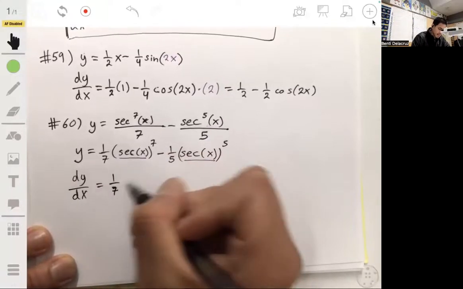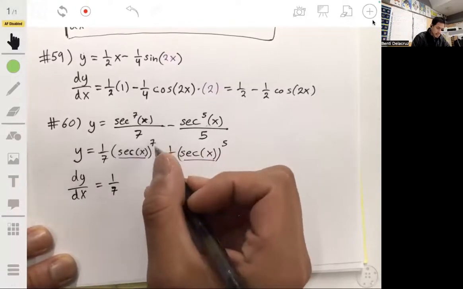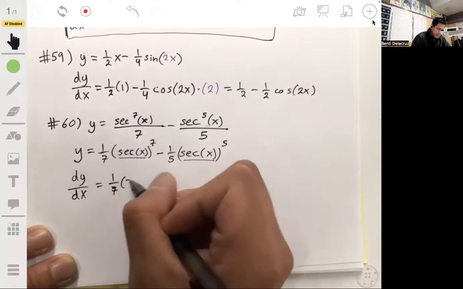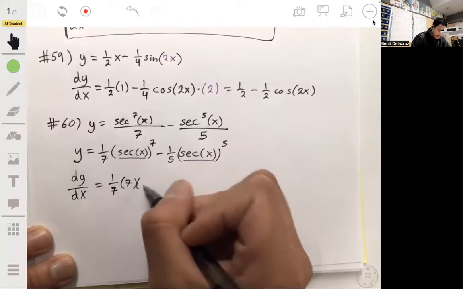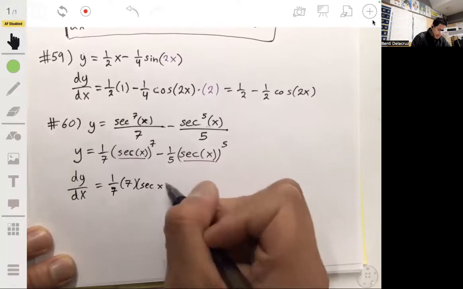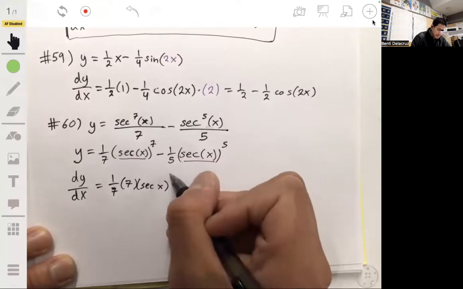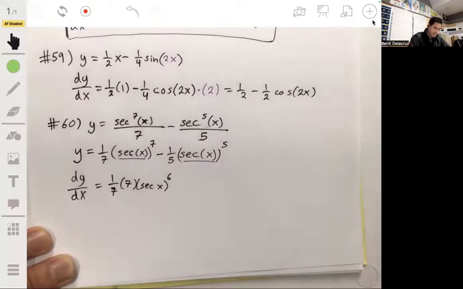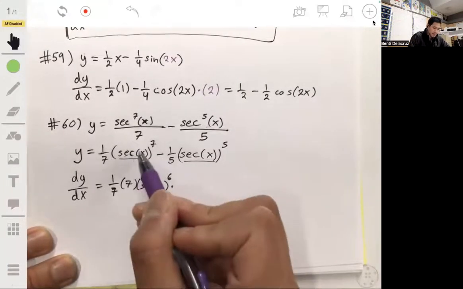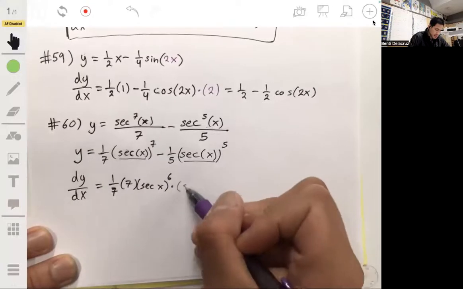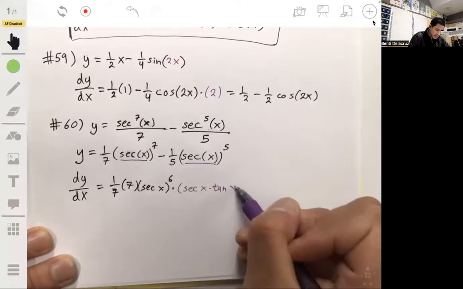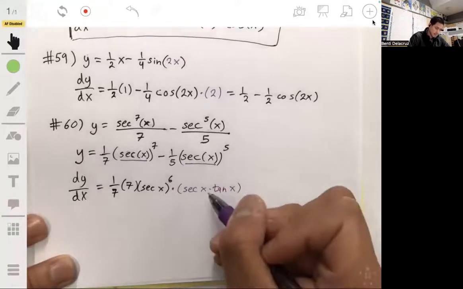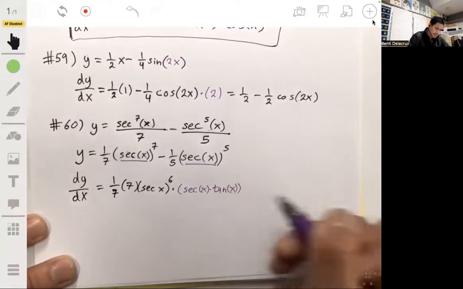So taking the derivative of the power function, so using the power rule, will be 7 times, keep the inside the same, times the secant of x to the 6th power. And we're going to multiply that by the derivative of secant of x, which will be secant x times the tangent of x. And let me put those in parentheses so you can see it a little better.